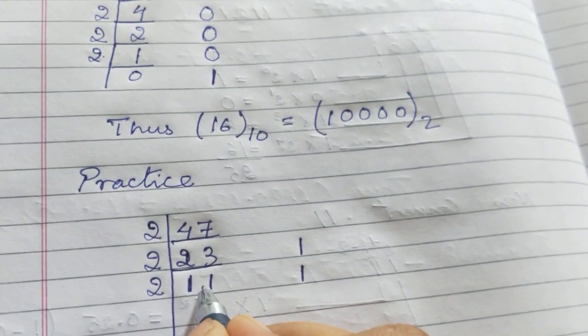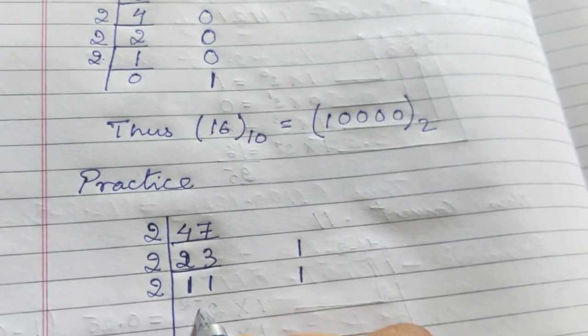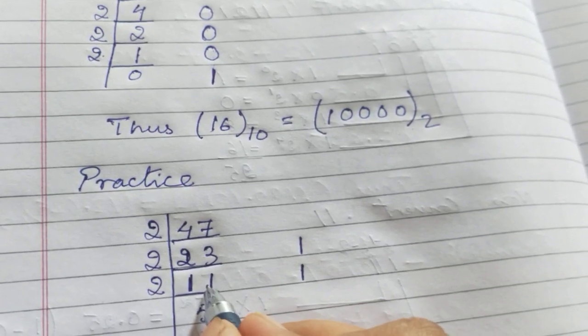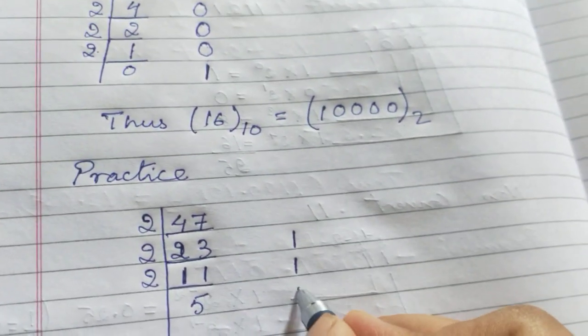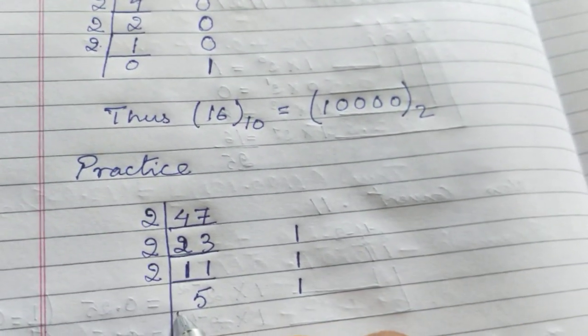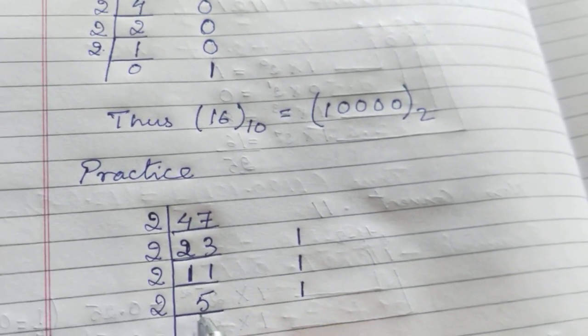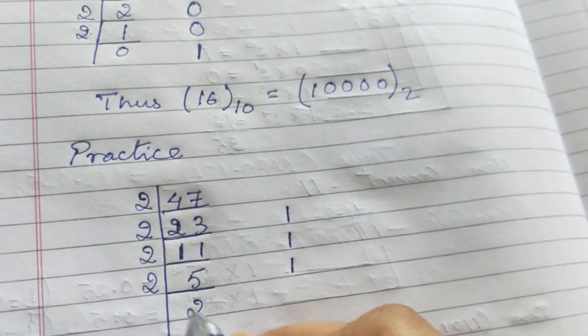Now you have 11. So 2 5s are 10. Again you have 1 remainder over here, so you will write 1 over there. Now 2 2s are 4.